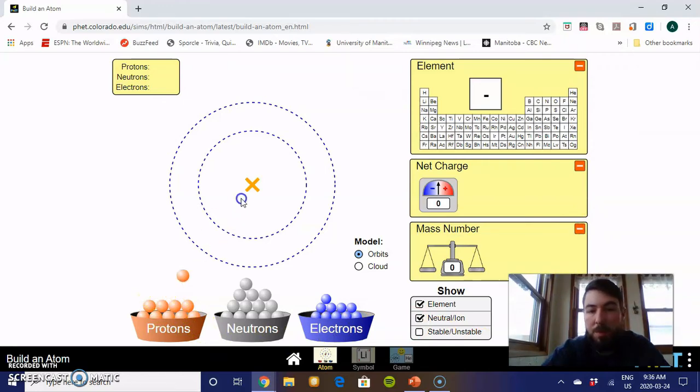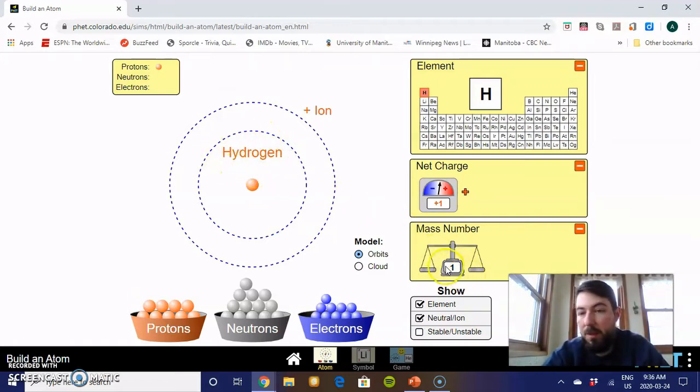If I put 1 proton, I'm going to drag it to the middle. This element is hydrogen. It has a mass of 1 because I put 1 proton in the middle. It has a net charge of +1 right now because protons are positive, and I didn't put any negatives yet.